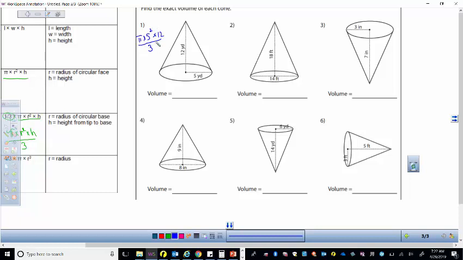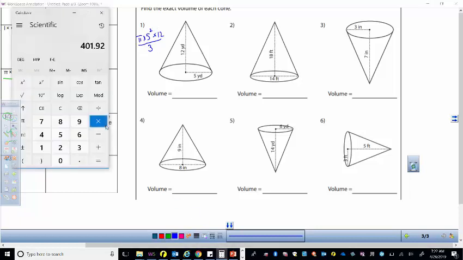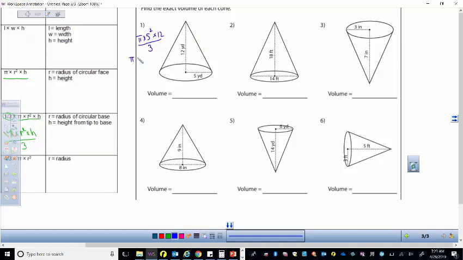The first thing we're going to do is square 5. So again, 5 times 5 is 25. So you're going to have pi times 25 times 12, all divided by 3.